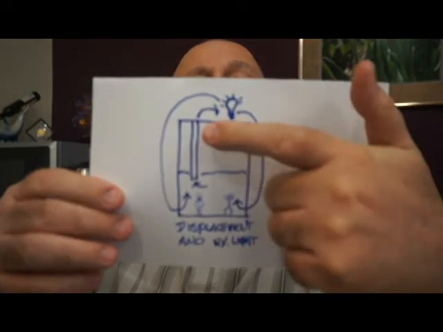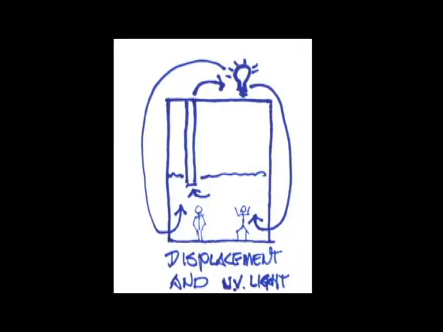And so now let's look at combining the two, the UV light and the displacement air. I'm showing this duct coming down here that's drawing the return air back to the central air conditioning system, and we're cooling the lower 8 feet of what looks like a 16 or 20 foot ceiling, and then we're bringing the air from the central air conditioning unit down to the floor level and blowing it out again.